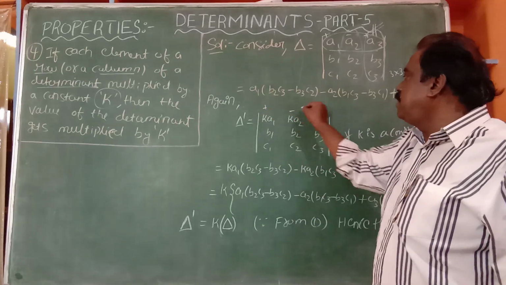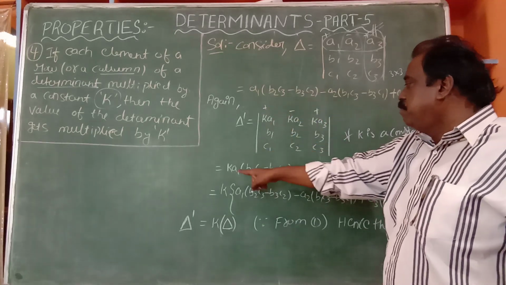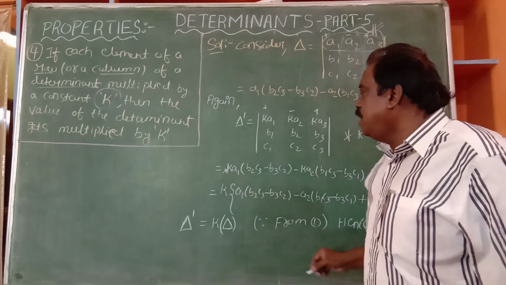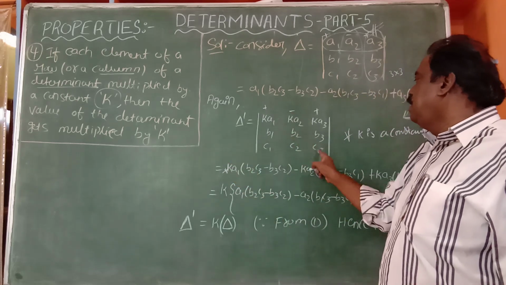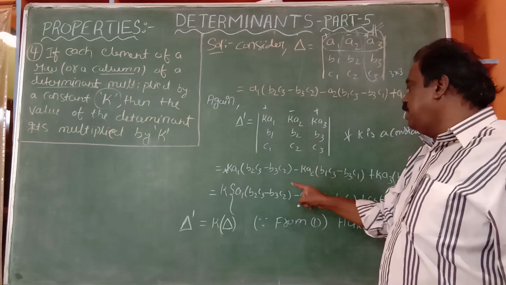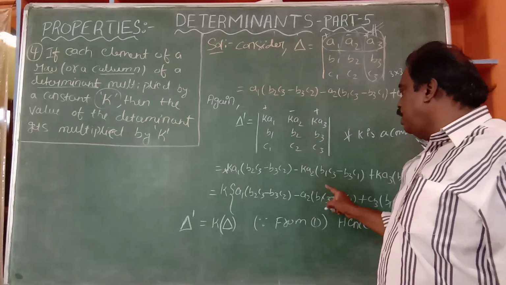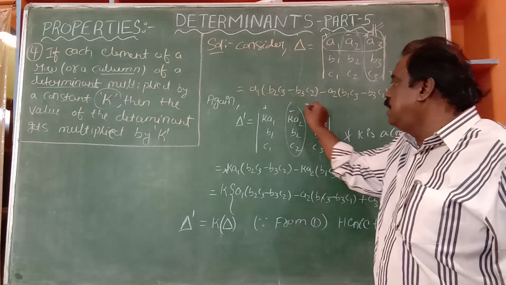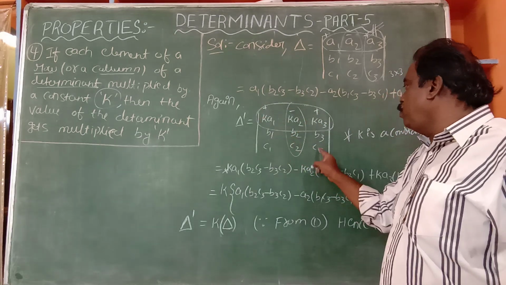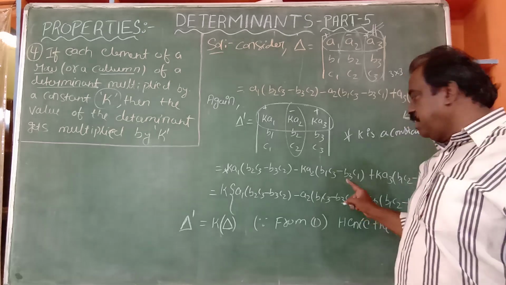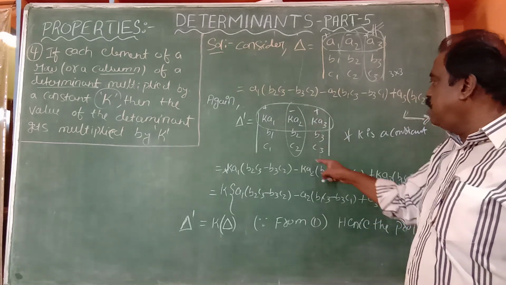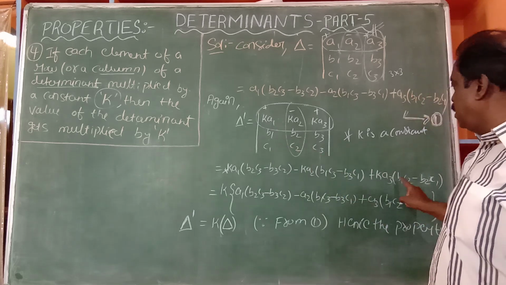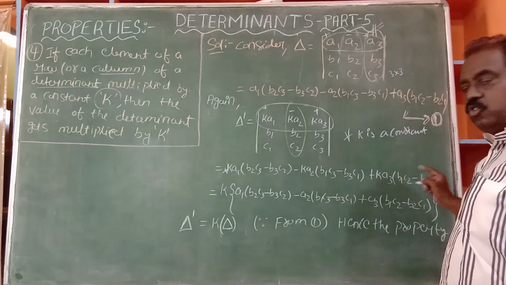Plus k a1 of B2 C3 minus B3 C2, minus k a2 of B1 C3 minus B3 C1, plus k a3, after deleting, we get these elements, B1 C2 minus B2 C1.